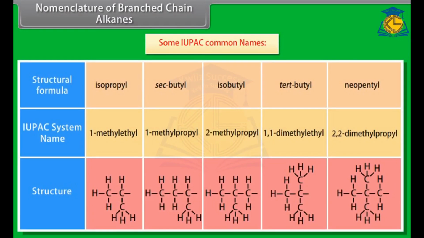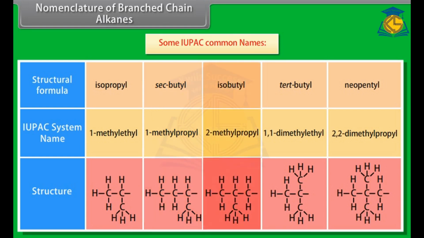Some IUPAC common names are: common name is isopropyl, its IUPAC name is 1-methyl ethyl, and its structure is this. Common name is sec-butyl, its IUPAC name is 1-methyl propyl, and its structure is this.